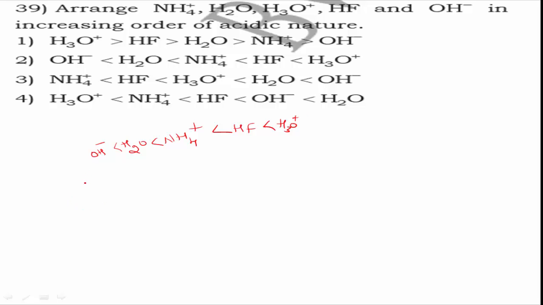OH minus is a base and H2O is neutral, NH4 plus is a weak acid, HF is a strong acid and the hydrogen ion is also a strong acid. Therefore, the correct answer for this question is option 2. Option 2 is the right answer.